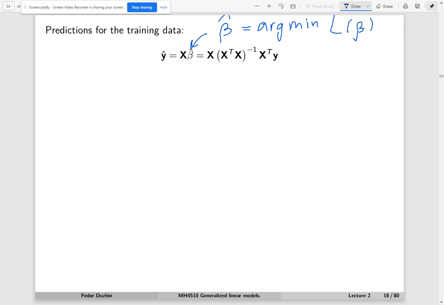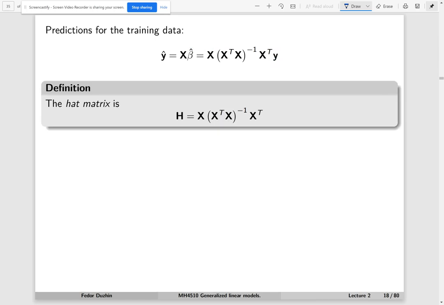And the loss function is in turn the residual sum of squares, right? Now this matrix that comes in front of Y to construct predictions is called a hat matrix, well, because it puts a hat on Y. That's a bit of a statistical joke.